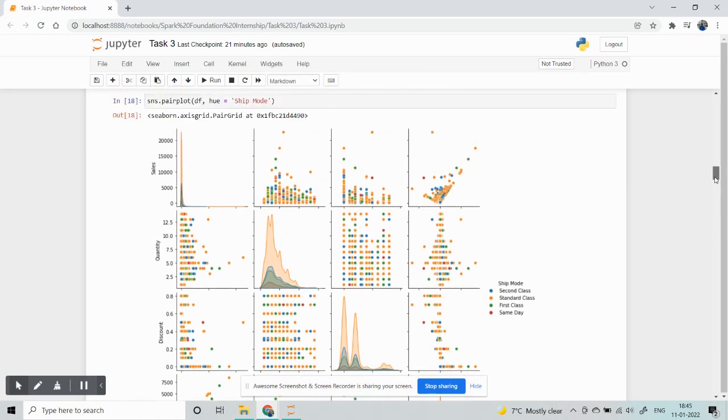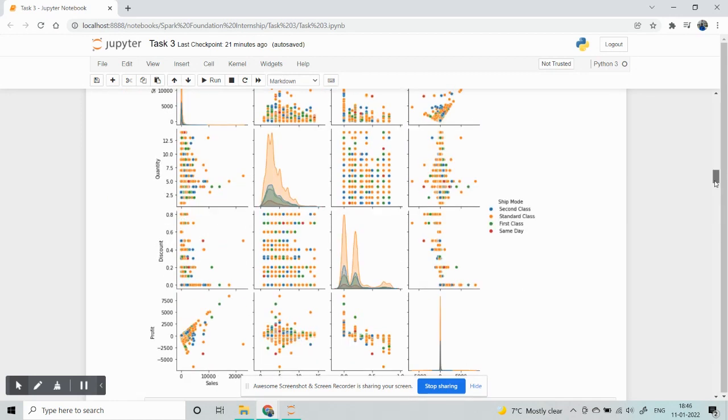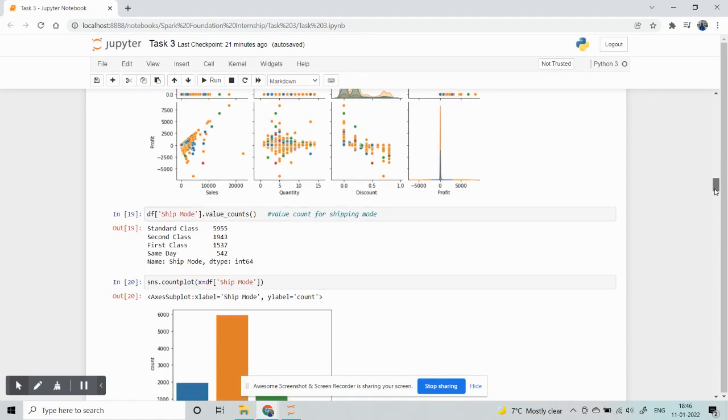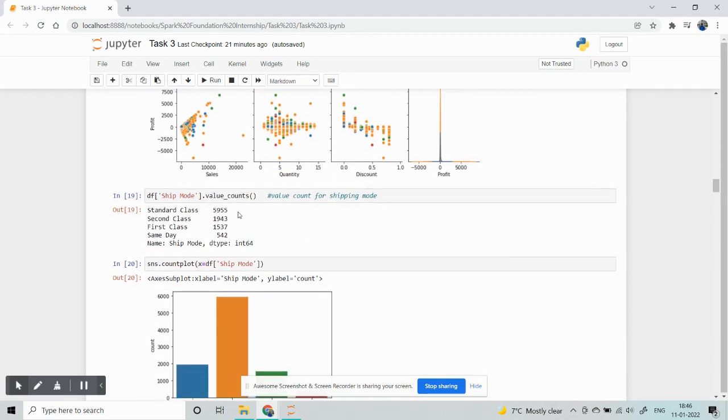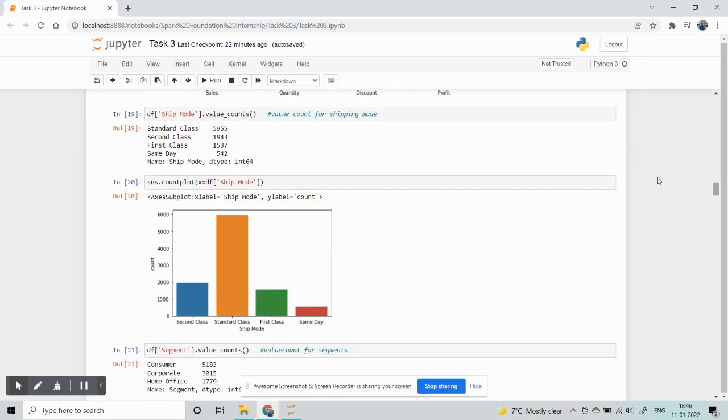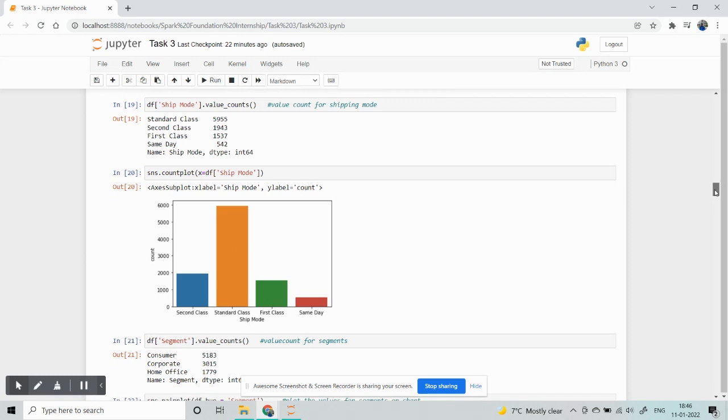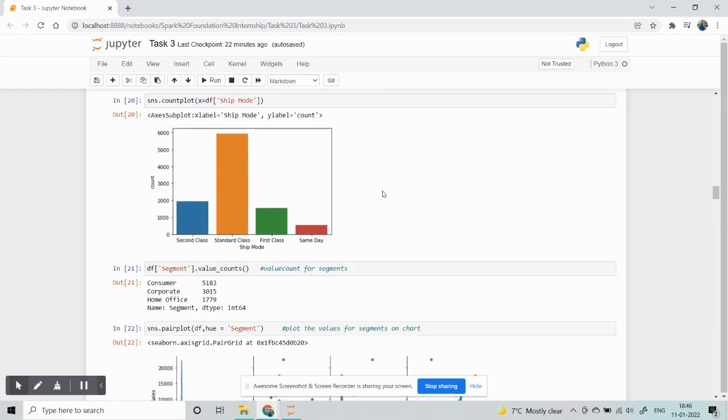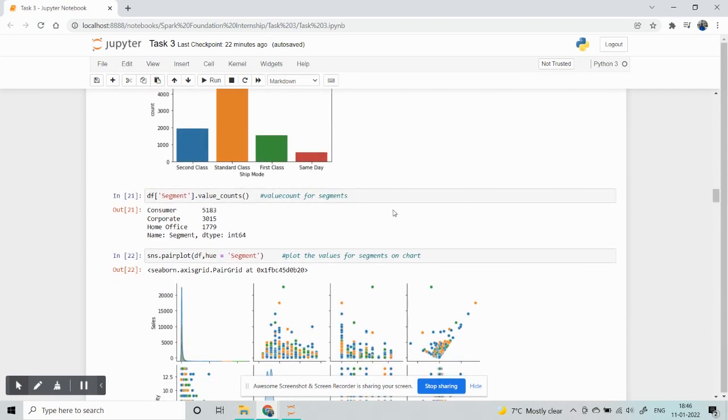Looking at the shipping mode pair plot, we can see the count of each of the shipping modes, and here's a histogram or a bar chart that we have plotted. Next, we are looking at the segments and the different counts along with the pair plot.